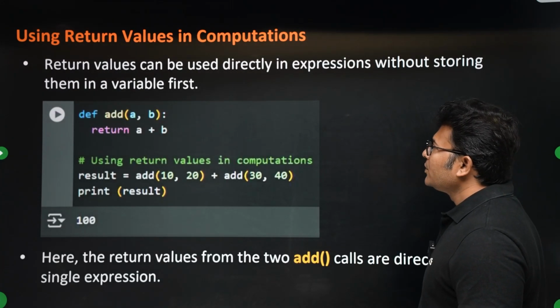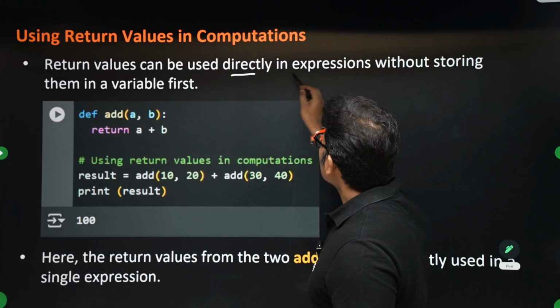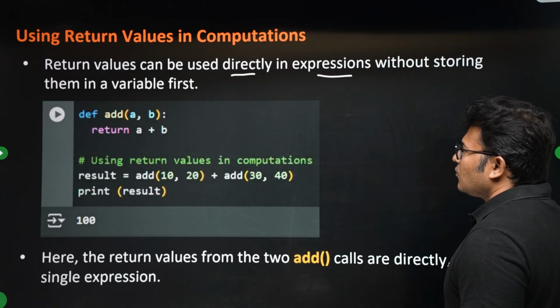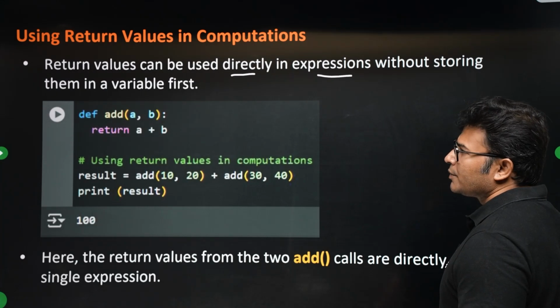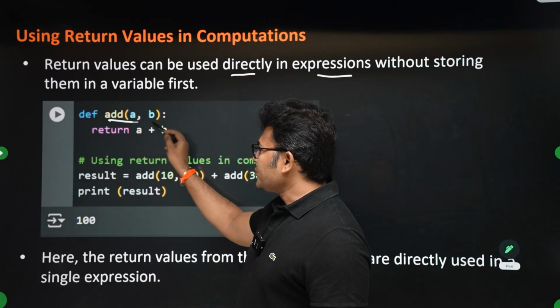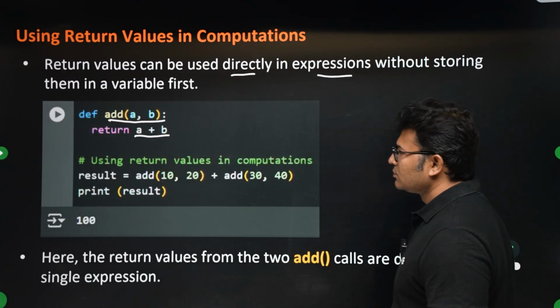Now, the return value can be used directly in expressions without storing it in a variable first. For example, there is an add function which is returning the sum of two numbers that are passed.